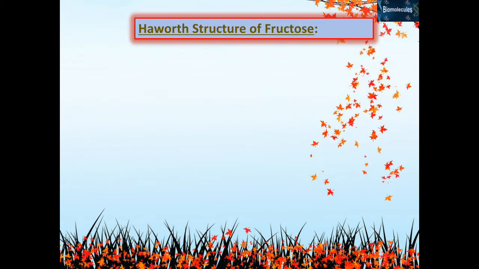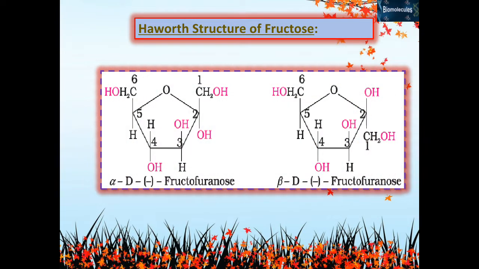But this one is important: the Haworth structure of fructose, which is a 5-membered ring. Our glucose structure was a 6-membered ring, whereas this one is a 5-membered ring. The structure is different for glucose and this, but the molecular formula is the same. So this is alpha D minus fructose, and this is beta D minus fructose, or fructofuranose. Why that word furanose?